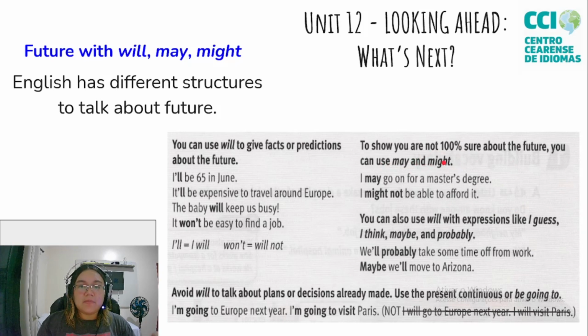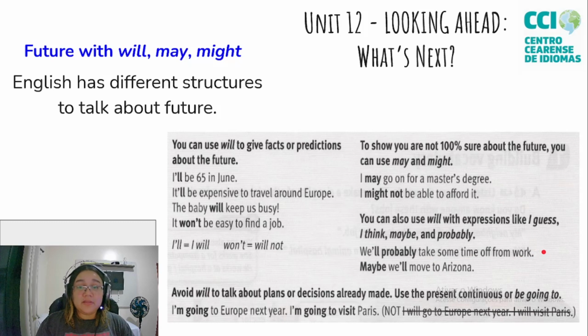Anything can happen, right? So we also use will when we have expressions like I guess, I think, maybe, probably. These expressions are not certainty, right? You're not sure that something will happen, but you're kind of sure, so you use will. Here in the example, we will probably take some time off from work.